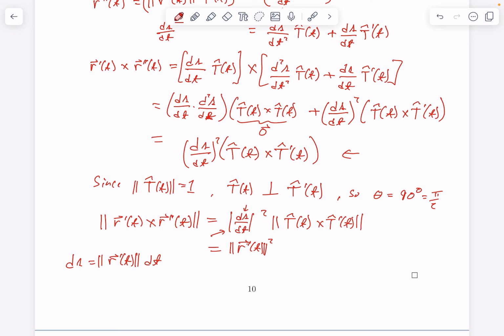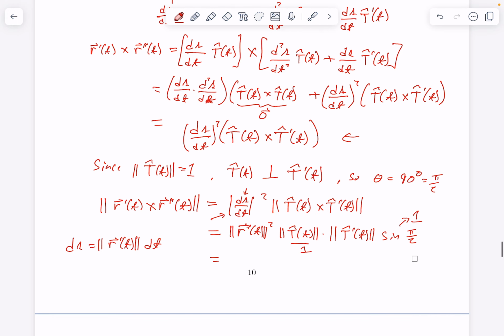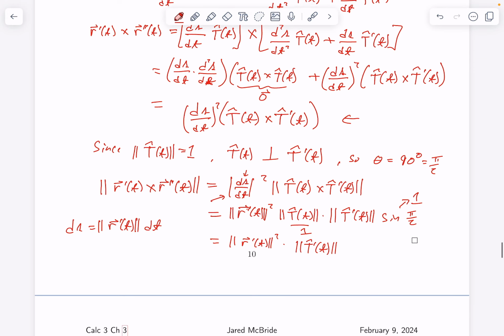Now this thing is going to be the magnitude of the unit vector, and I think we know what's going to happen there, times the magnitude of the derivative of my unit tangent times the sine of pi halves. Now this is 1, and this is 1. So this equals the magnitude of r prime squared times the derivative of t hat, and that's it.